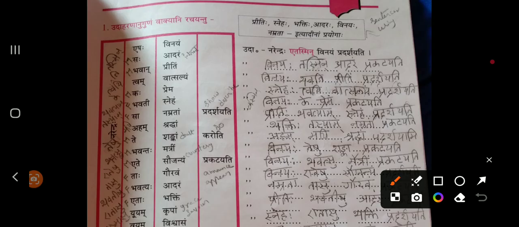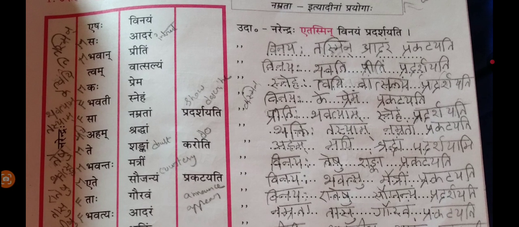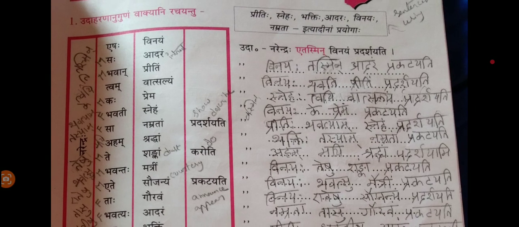And they have given here few objects. What is the objects? See here. Here, Yeshaha, Saha, Bhavan. All these are objects. These objects, as I told you earlier, need to be converted into Saptami Vibhakti forms, right? So, I have converted here. I'll show you that. See here.